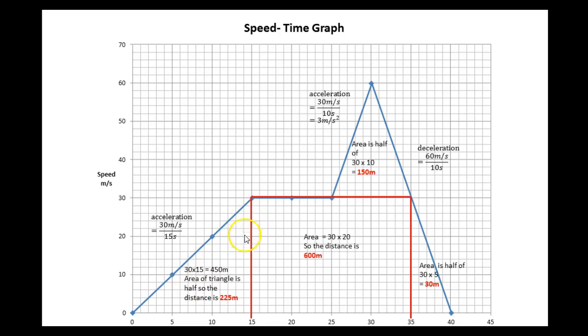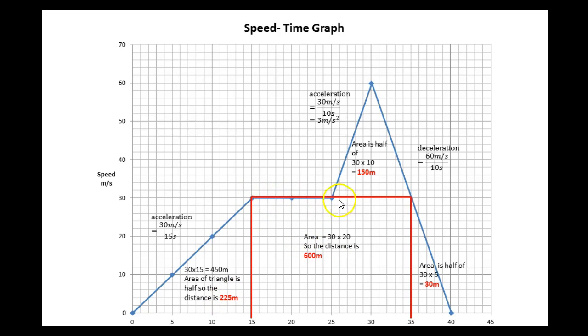So the first one, as you know, you can use the equation half base times height, or, which is effectively the same thing, you can calculate the area of the rectangle and halve it. And so the first one is, we've got 30 meters per second here and here we've got 15 seconds, and so 30 times 15 is 450, so if we halve this we get 225 meters.